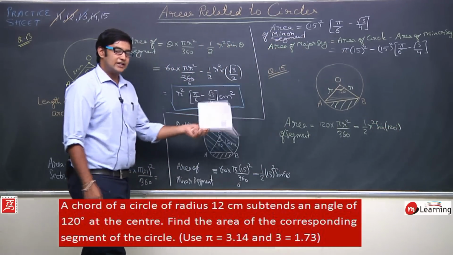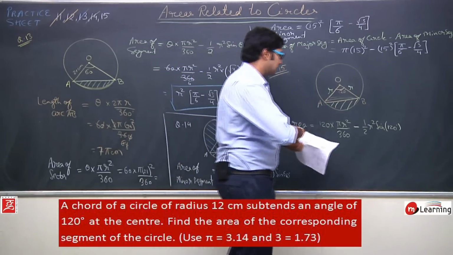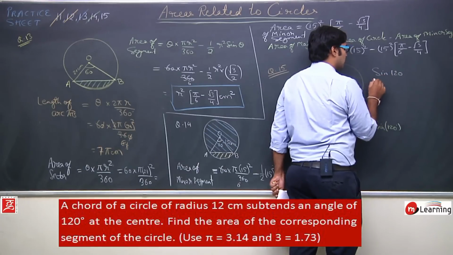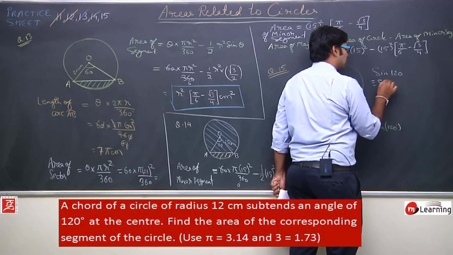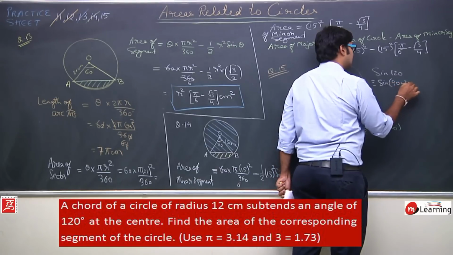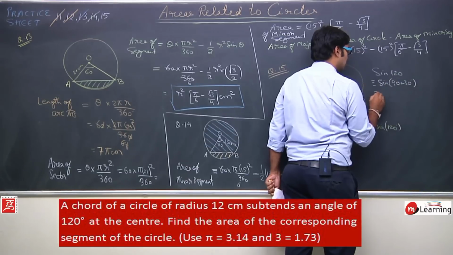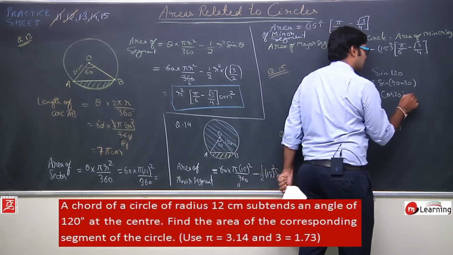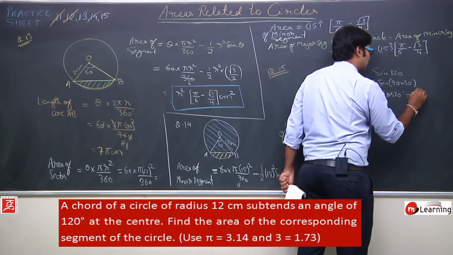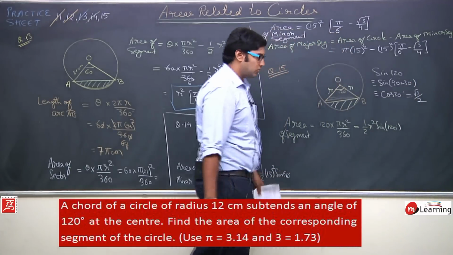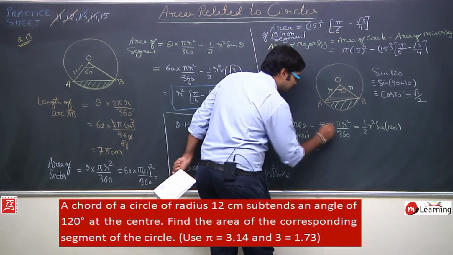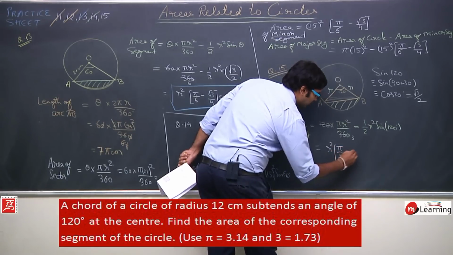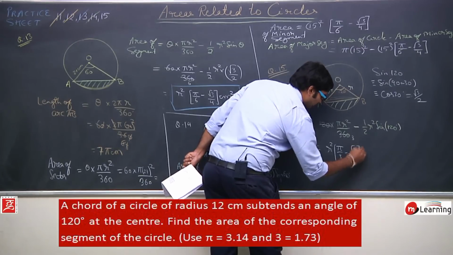Now sine of 120 degrees, we have previously determined, is equivalent to sine of 90 plus 30 degrees, which is equivalent to cos of 30 degrees, and this is equal to root 3 upon 2. Cos 30 degrees is root 3 upon 2. So 120 by 360 is one third, so I can take r square as common, to the bracket pi by 3 minus root 3 by 4.